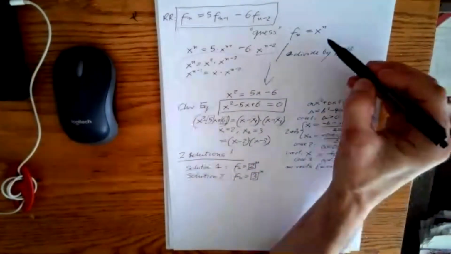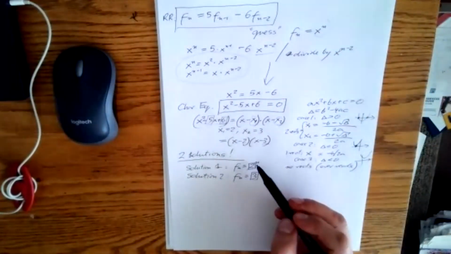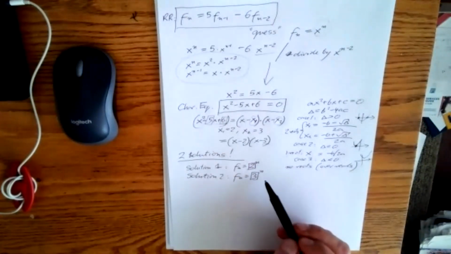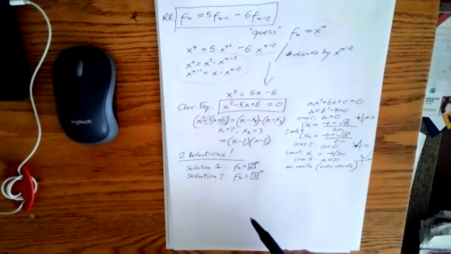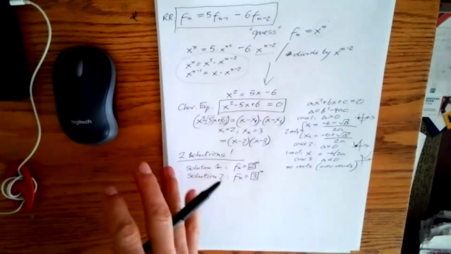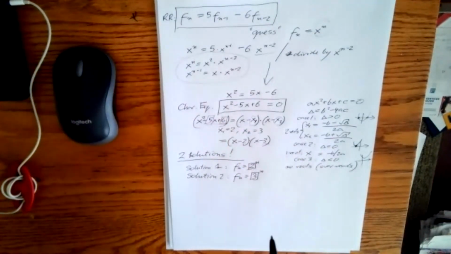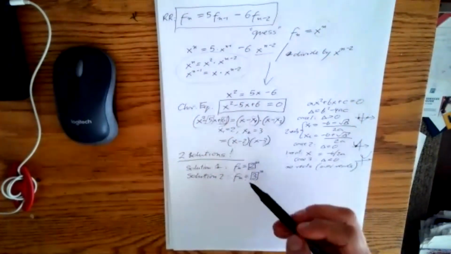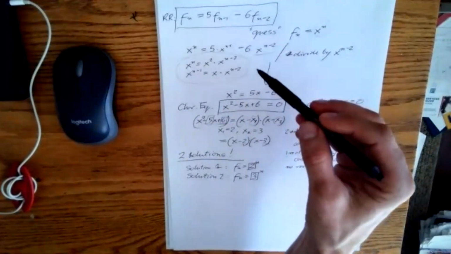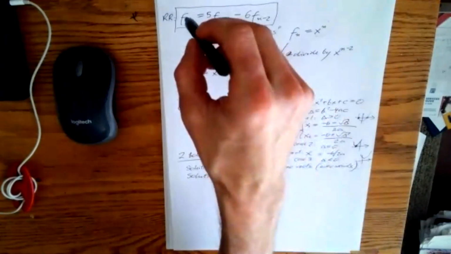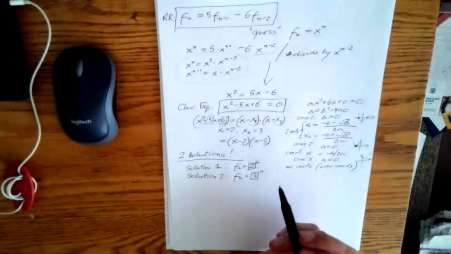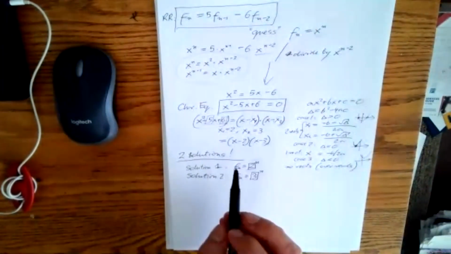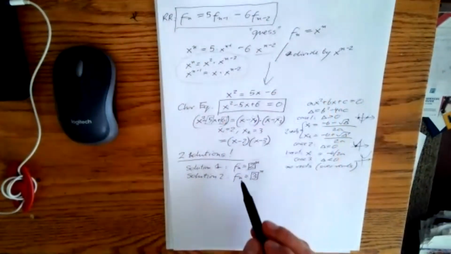If this is a solution, then for some x, it turns out that these are the solutions. Of course, if you stick these back in, they will work, because if you just walk back this reasoning, if you stick this thing in here, it will solve this recurrence relation. It will check out. The reasoning goes back and forth.